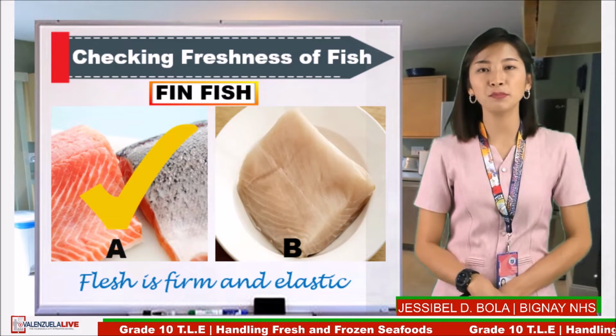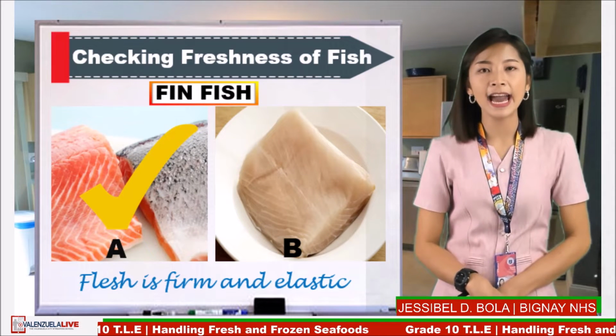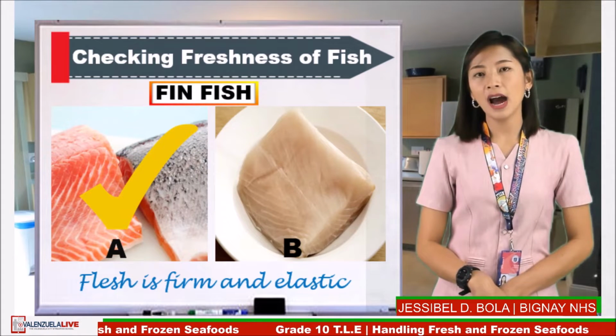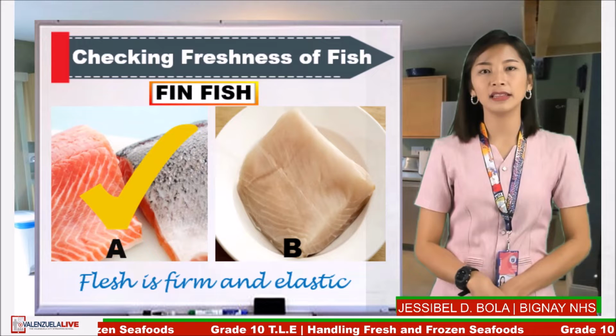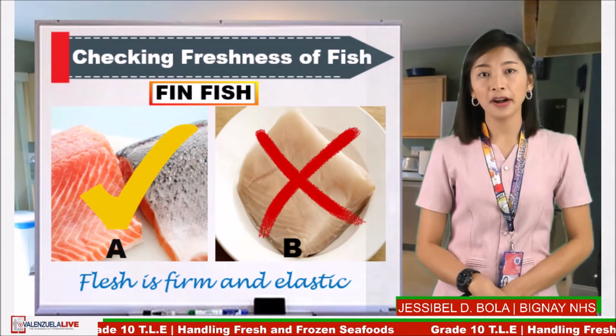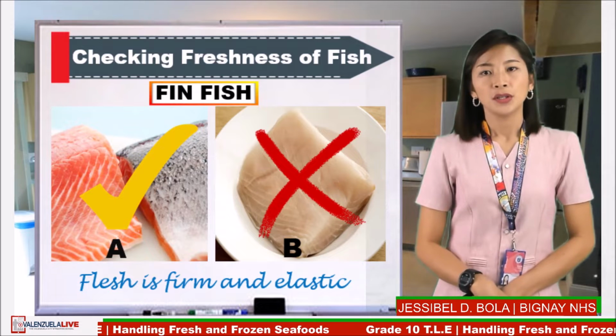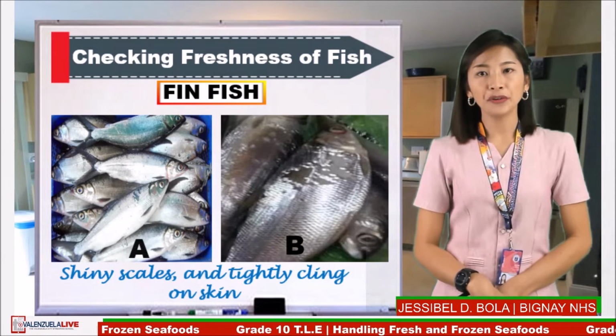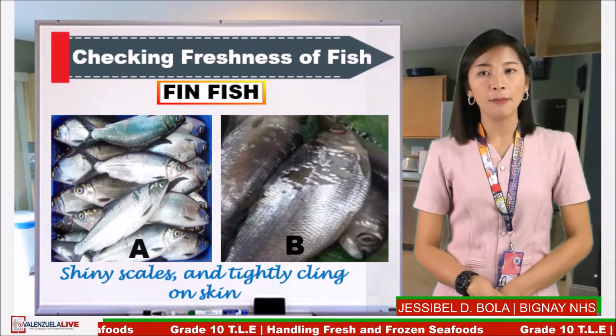Okay, the first picture, picture A, has a fresh flesh, and picture B does not have a fresh flesh anymore. That kind of flesh is already falling or torn apart.